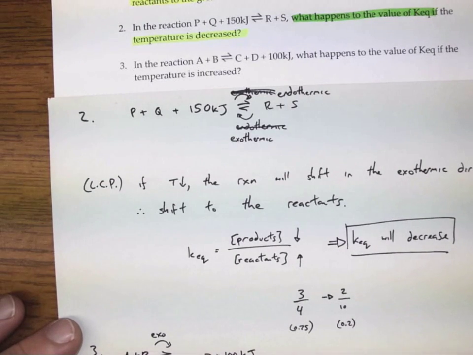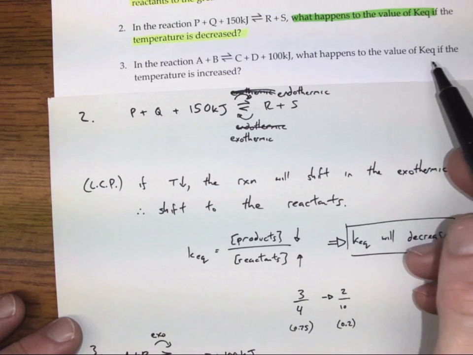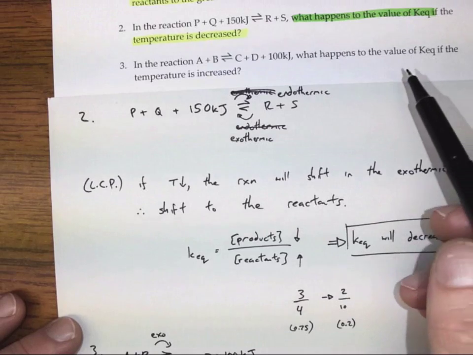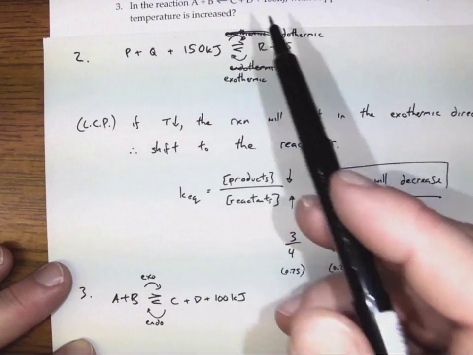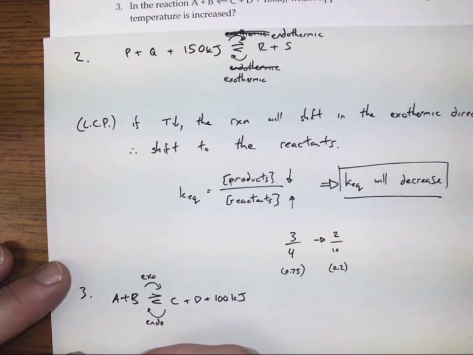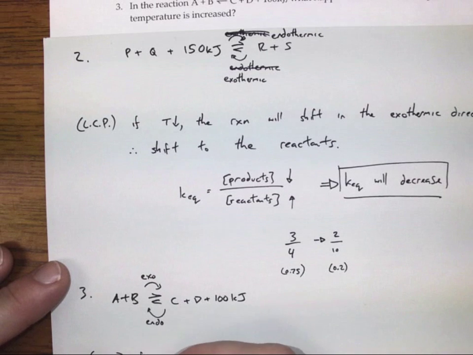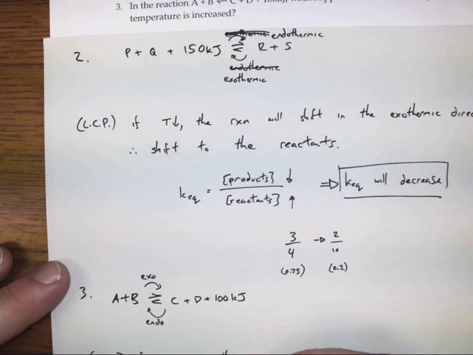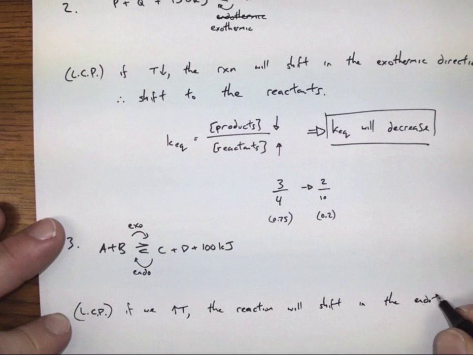All right. So what happens to this value of KEQ if our temperature is increased? So we're going to increase temperature here. Le Chatelier's principle states that if we increase the temperature, the reaction will shift in the endothermic direction.